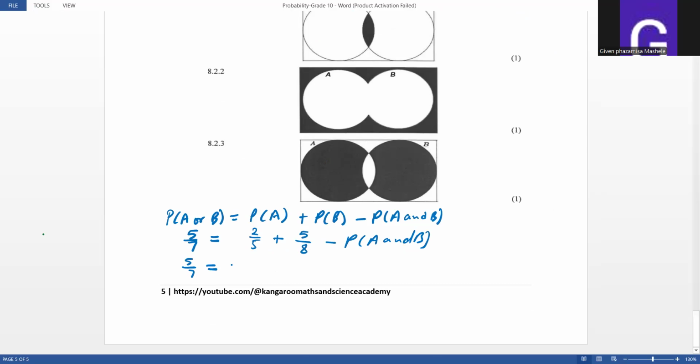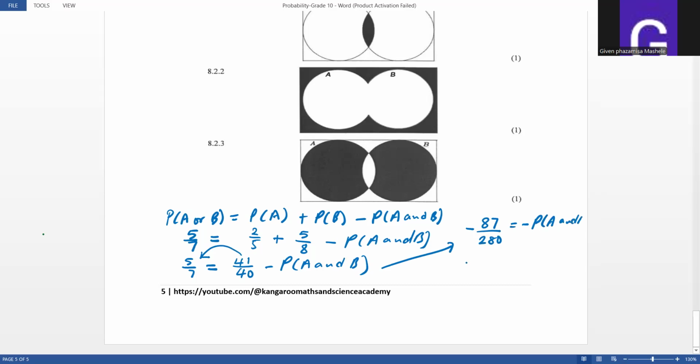This is giving us 41/40 minus the probability of A and B. Let's move 41/40 to the left-hand side. This will give us negative 87/28, and it's minus the probability of A and B. Let's multiply both by negative.